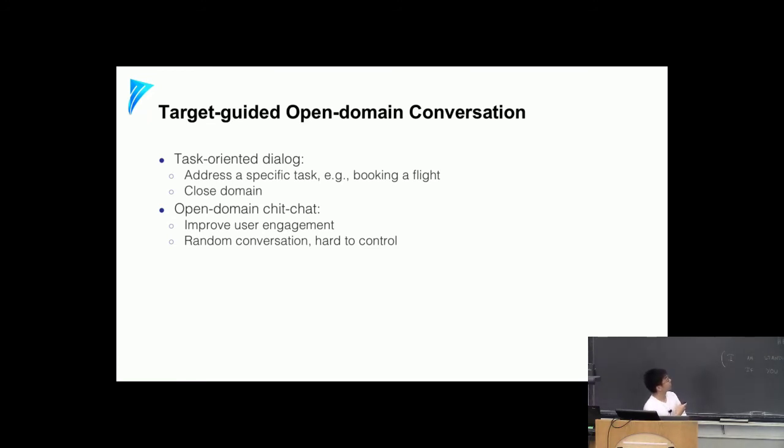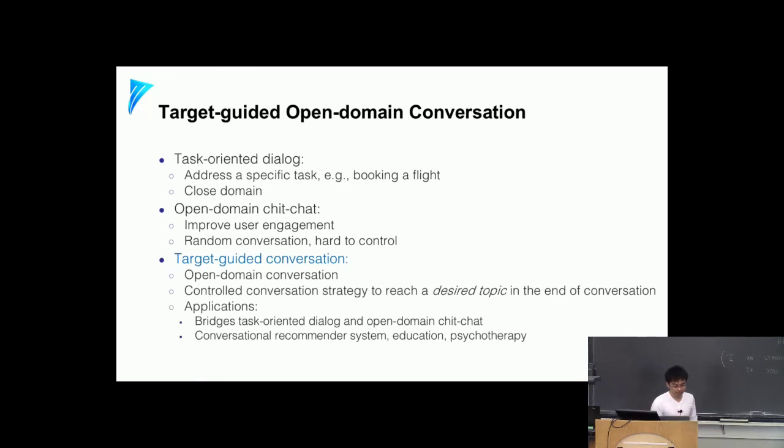And the second category of conversational agents is what we call open domain chit chat. This agent is usually used to improve user engagement, and the conversation is random and hard to control. So in this task, we want to do something in between. We want to target guided conversation.